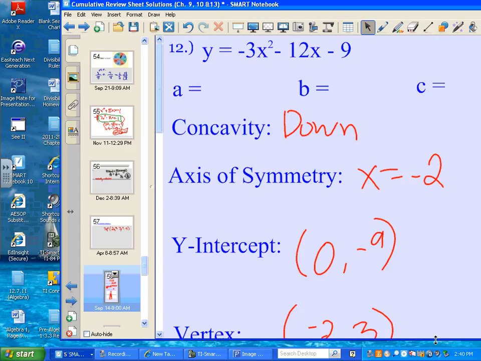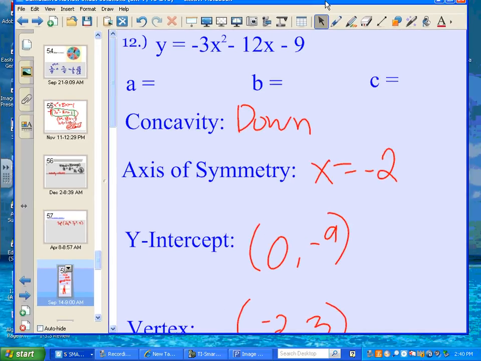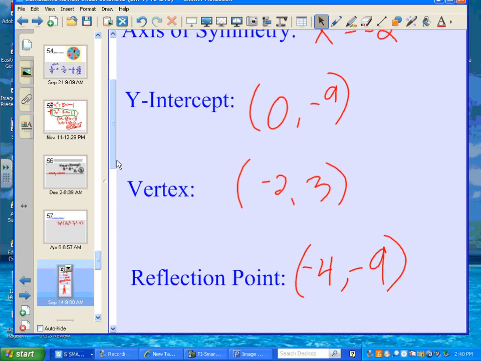Okay, the y-intercept. Good. 0, comma C. The vertex. Well, that's reflection point. Vertex. Yep. So axis of symmetry, comma y.